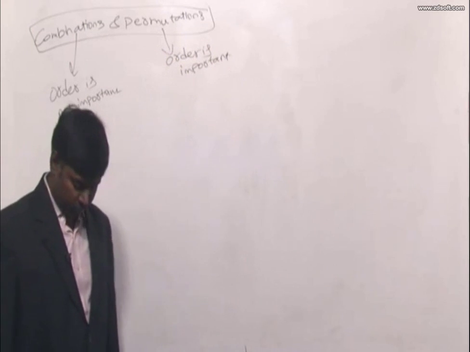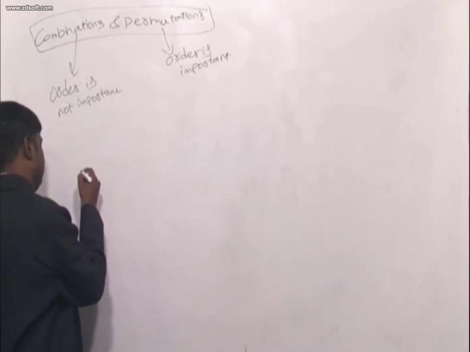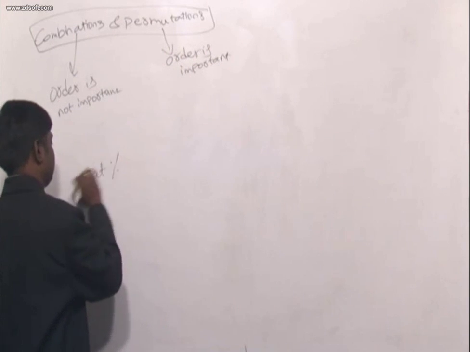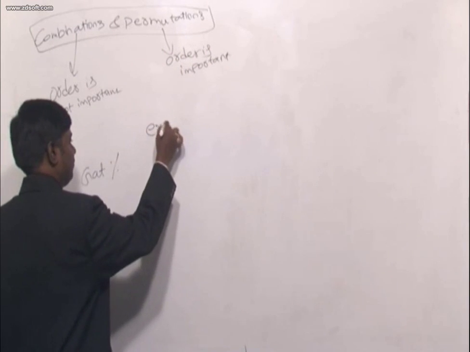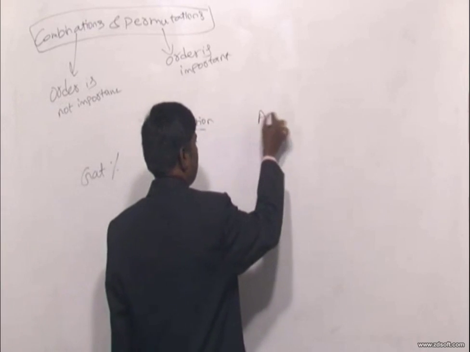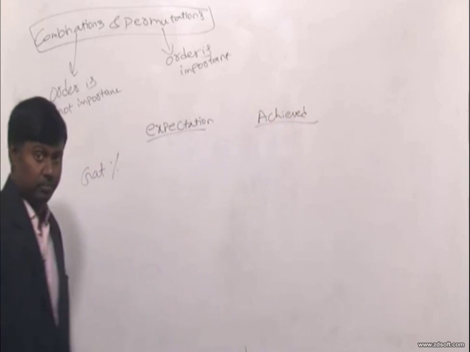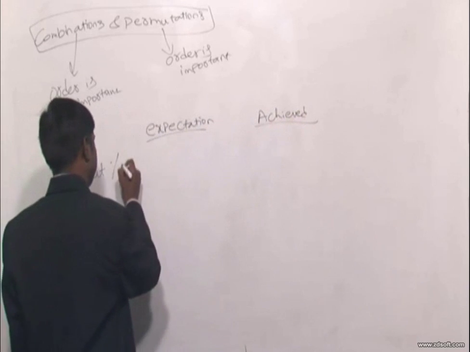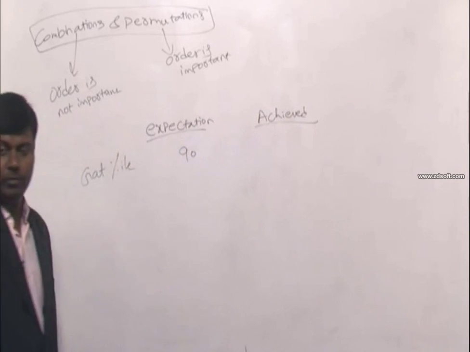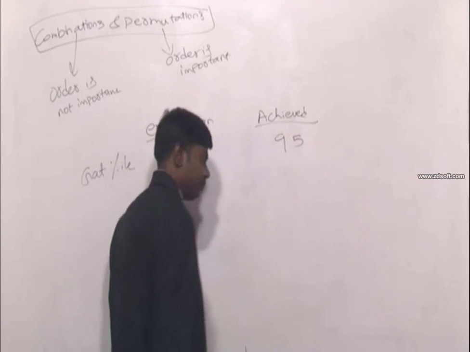Okay, let us say your expectation, let us say you expected 90 percentile, whereas you achieved 95 percentile.